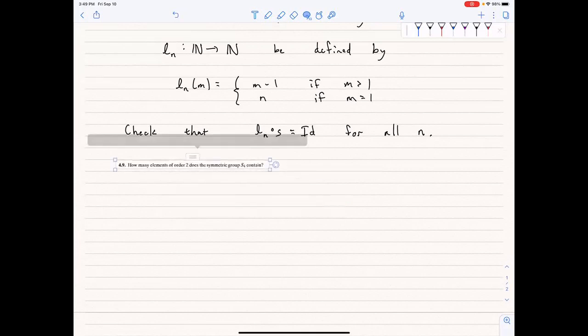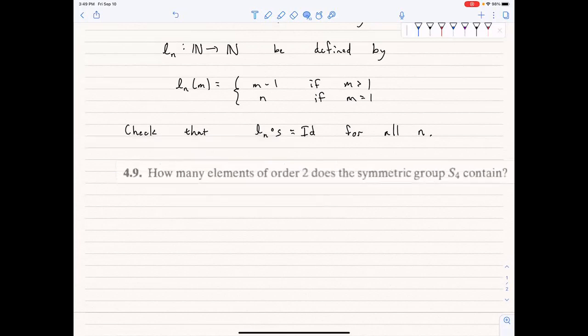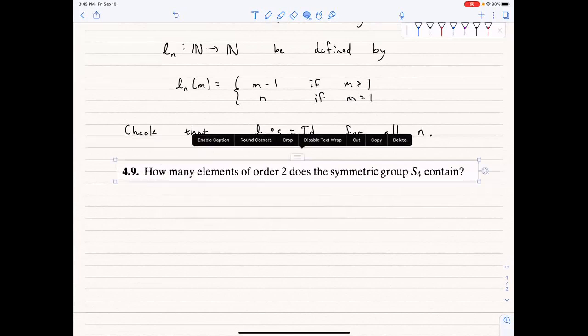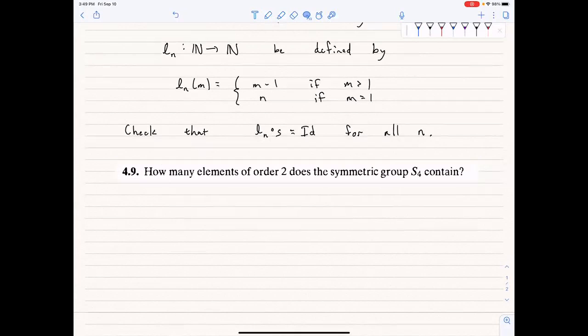If you take a permutation, it will have a unique disjoint cycle decomposition, up to switching the order of the cycles. So you can always write a permutation as a product of disjoint cycles, more or less uniquely, up to changing the order of those disjoint cycles.